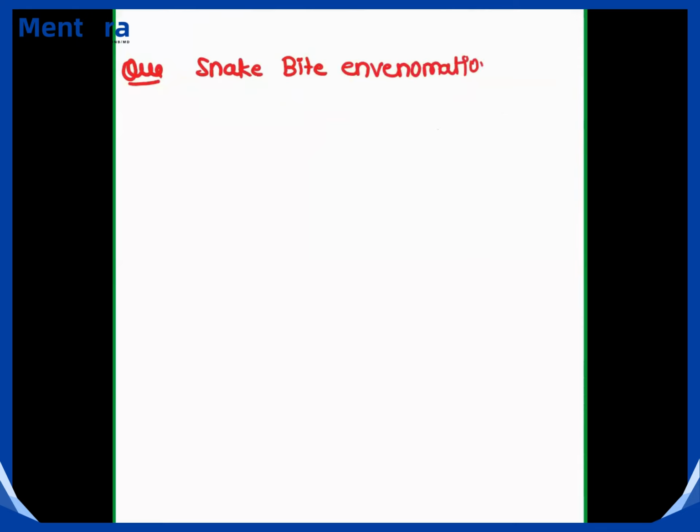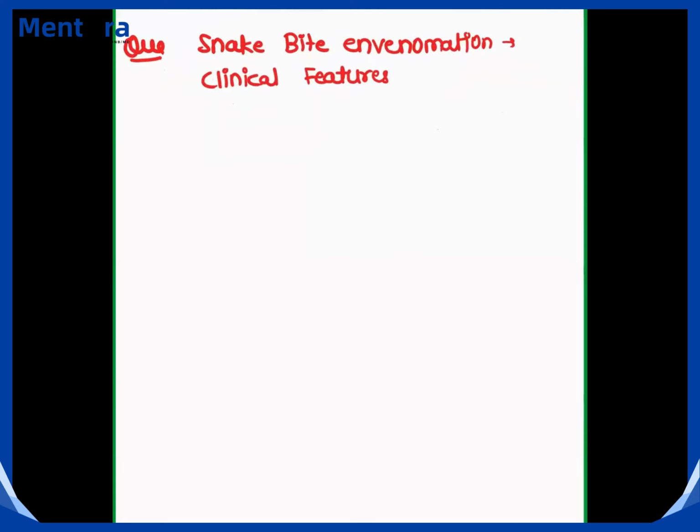Next question. Snake bite and envenomation, clinical features. So there are 4 types of snakes commonly seen in India.